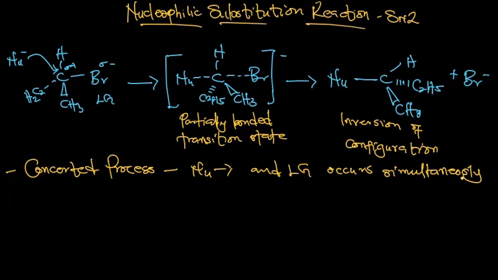Now, in the transition state, carbon appears to be having 5 bonds, but then it isn't exactly 5 bonds. What happens there is that the carbon becomes sp2 hybridized. So these 3 bonds, the one bearing the ethyl group, the methyl group, and the hydrogen, will have sp2 hybridization.